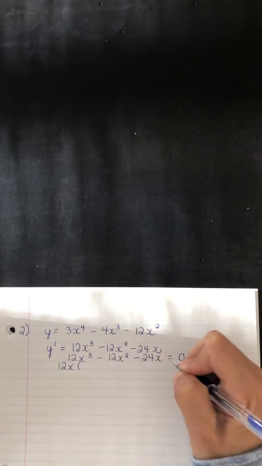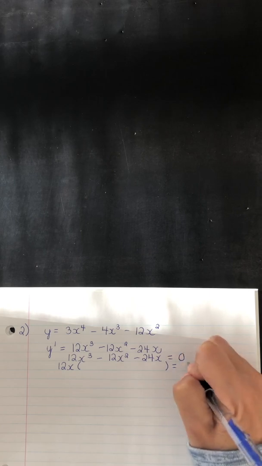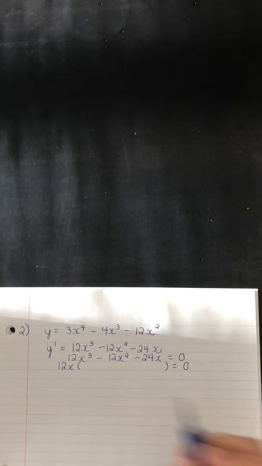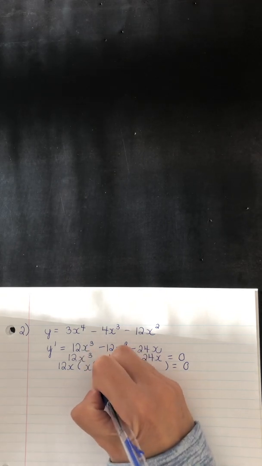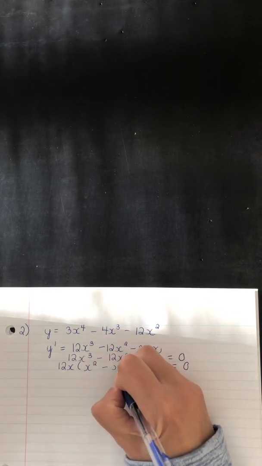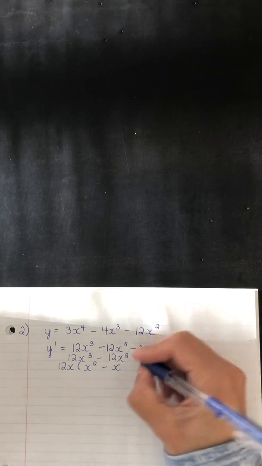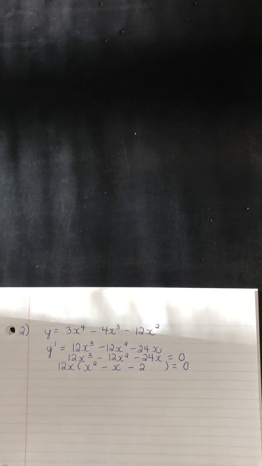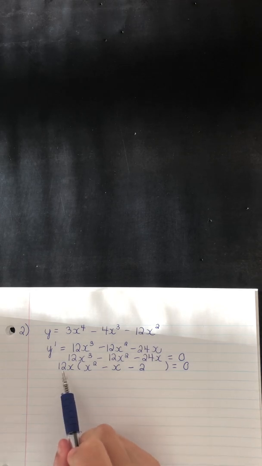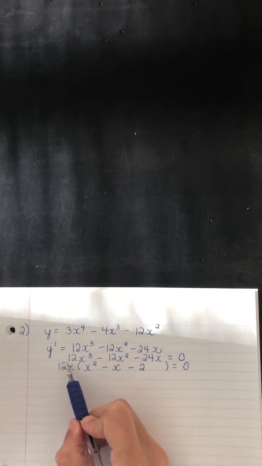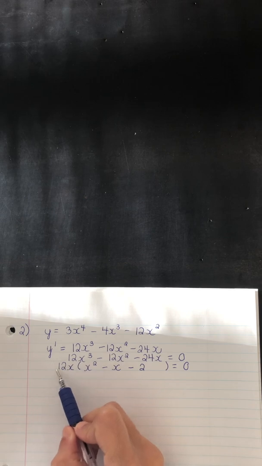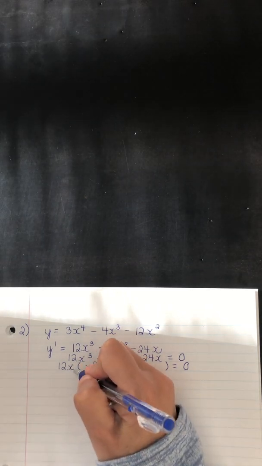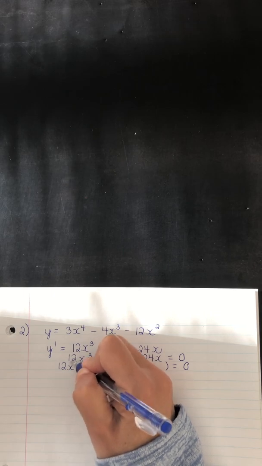In other words, common factor 12x if you like this. And that'll leave you with x squared minus x minus 2 in here. Okay, the 12 out front is optional, so you can get rid of the 12 altogether if you like, but the x has to stay here because it's going to provide one of our roots.